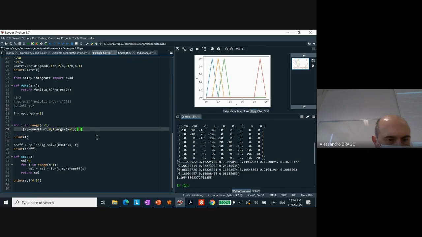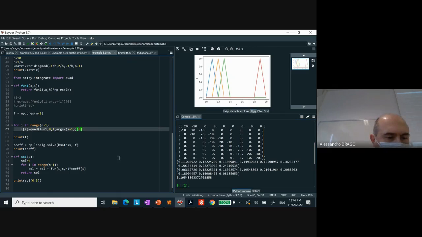And finally, at this point we have defined F. So this is the matrix, this object here is the array containing the elements F 1, 2, 3, 4, 5, 6, 7, 8, 9. So the matrix is 9 by 9.